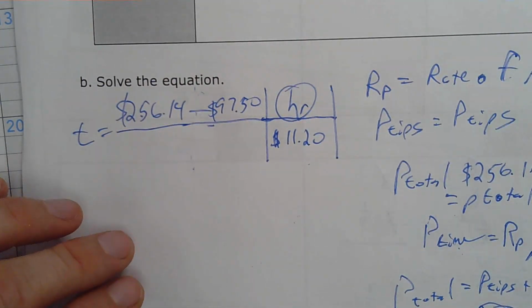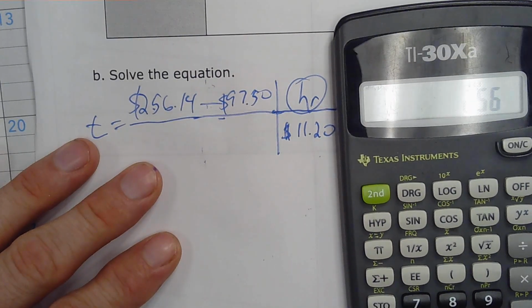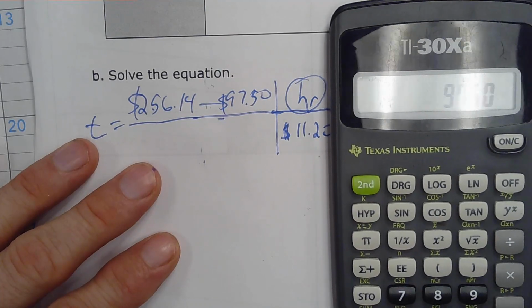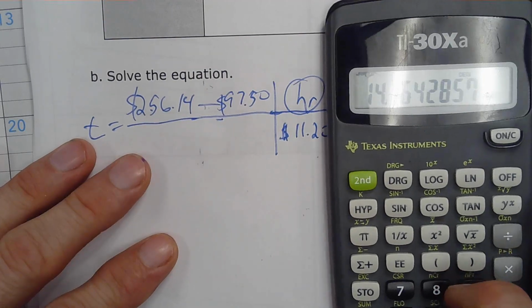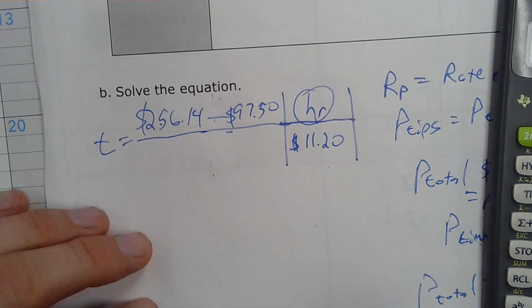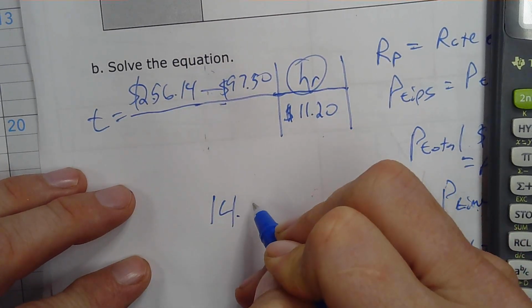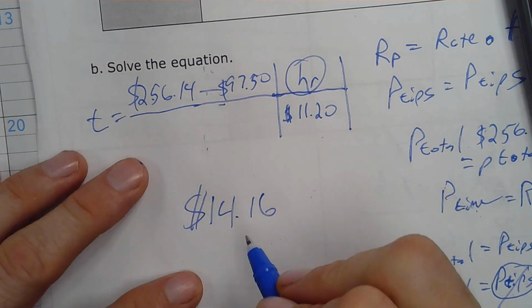So I can just do 256.14 minus 97.50, divided by 11.20, and that should equal 14 hours and 0.16 hours, so just over 14 hours.